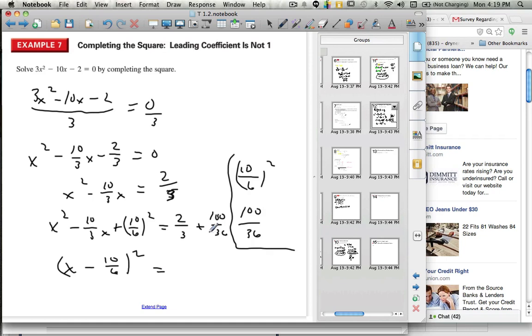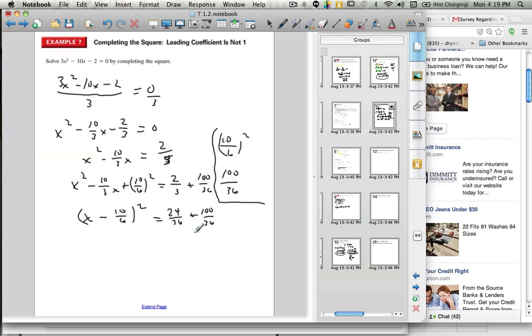And on this side, I'll need to make common denominators, so 2 thirds would be 24 36ths plus 1/36ths. And I'm going to take the square root of either side, so I'll have x minus 10 over 6 is equal to plus or minus the square root of 124 over 36.